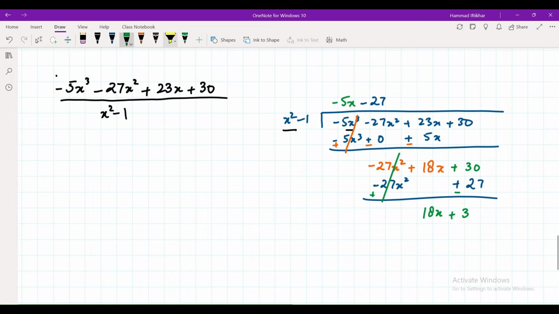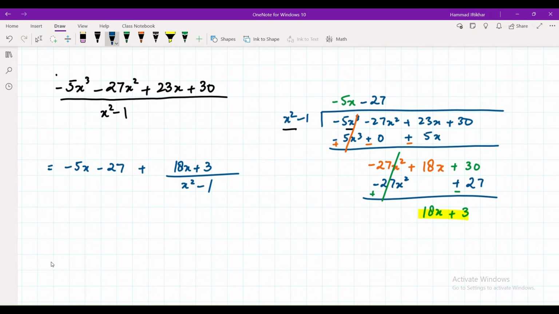Now, since the order of the remainder has dropped below the x squared, this is our remainder. So we can write it as minus 5x minus 27 plus 18x plus 3 over x squared minus 1.